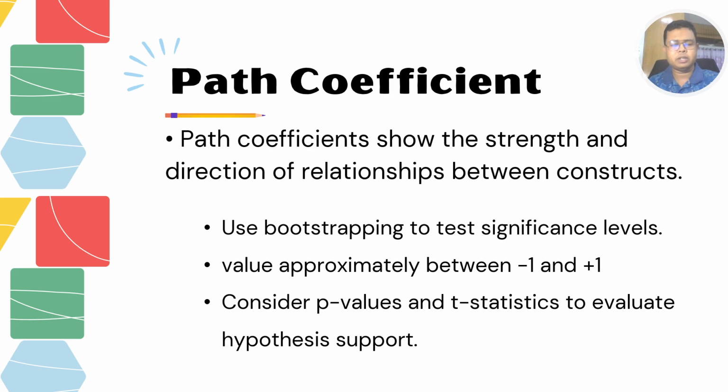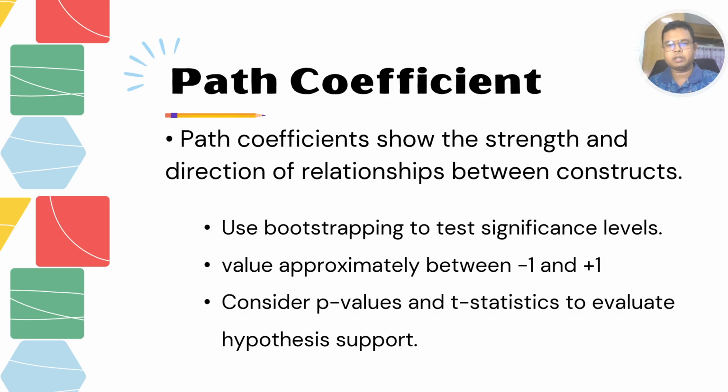What is path coefficient? Path coefficient shows the strength and direction of relationship between the constructs. Very simple. We calculate the regression analysis, right? When we have only two variables, we can investigate the path coefficient using the beta value. But here, there are lots of independent variables, and we need to investigate the strength and direction of relationship among the constructs.